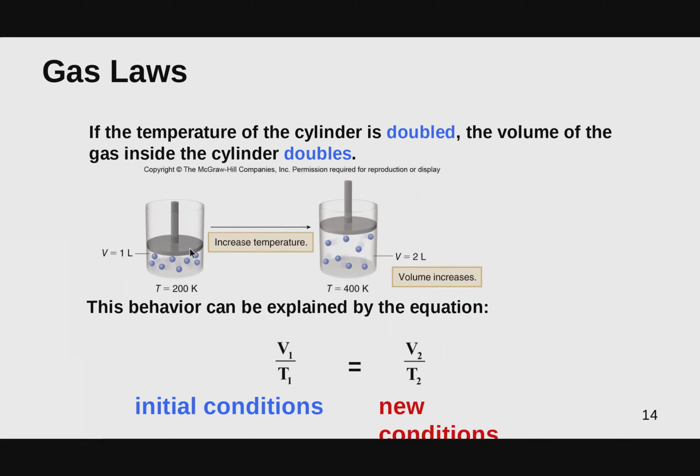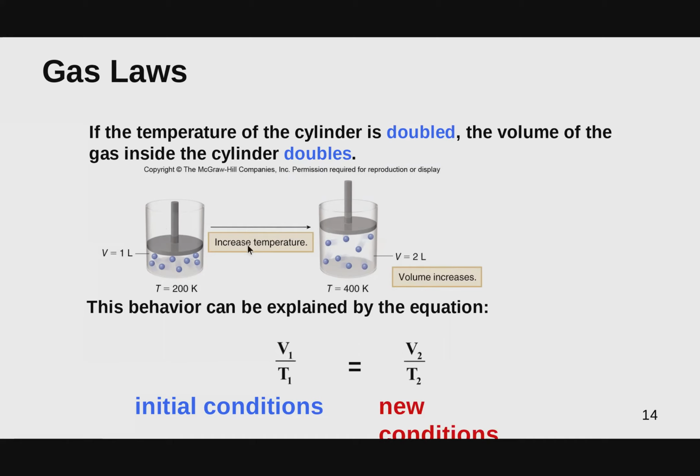So in this hypothetical example, we have a temperature of 200 Kelvin and a volume of 1 liter. If we increase the temperature here, because of this law, the volume should also increase with it. Now you'll notice that something's likely going on with the pressure as well, but remember, the pressure here is consistent.